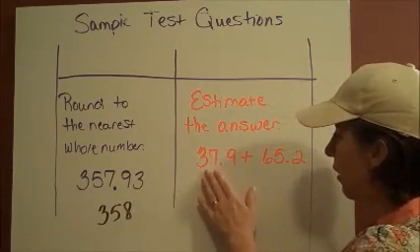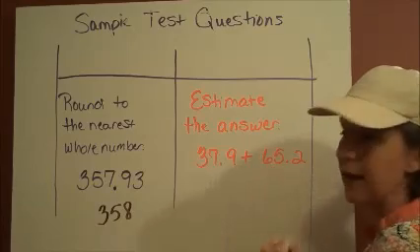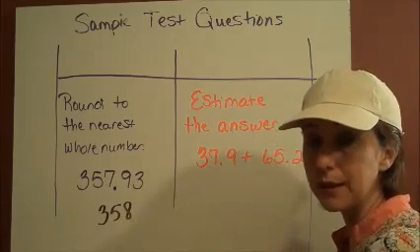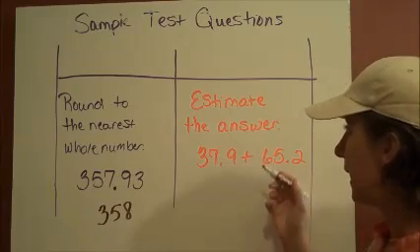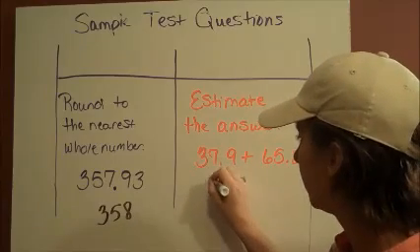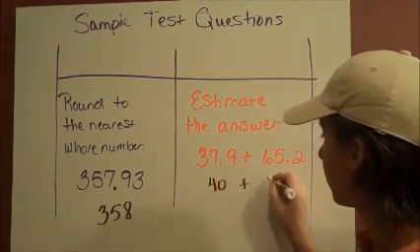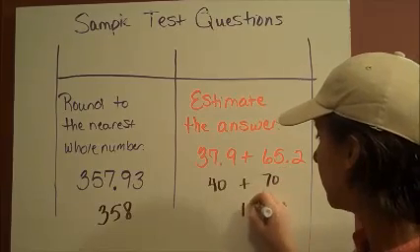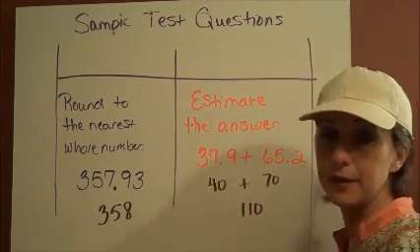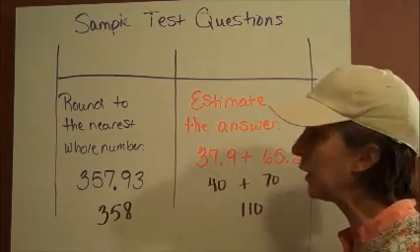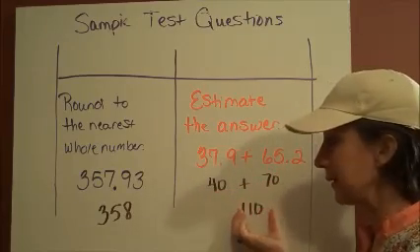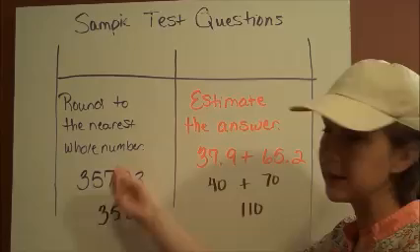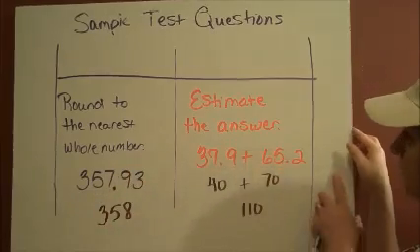Others may choose to call this 40 plus 70 or even 40 plus 60 because those are compatible numbers. So I may say my estimated answer 40 plus 70 is 110. You may have estimated it to be 100. Estimating means round each part and get an estimate. Rounding is a specific place value.